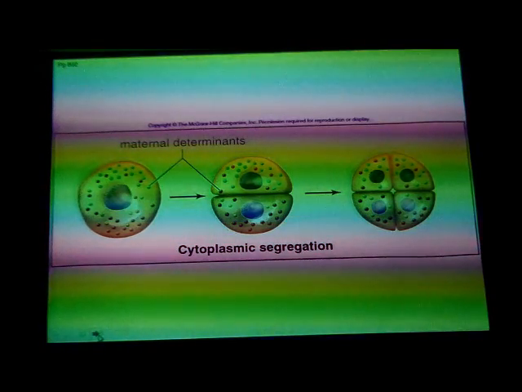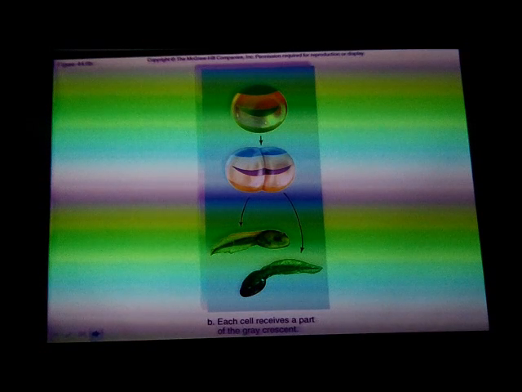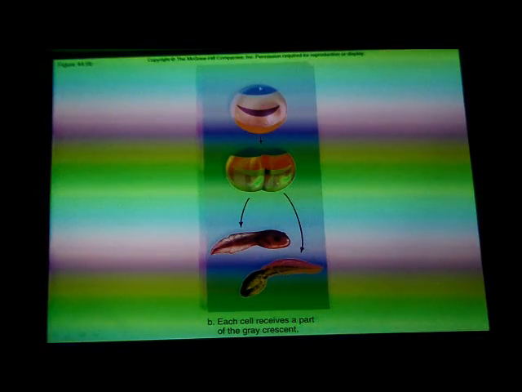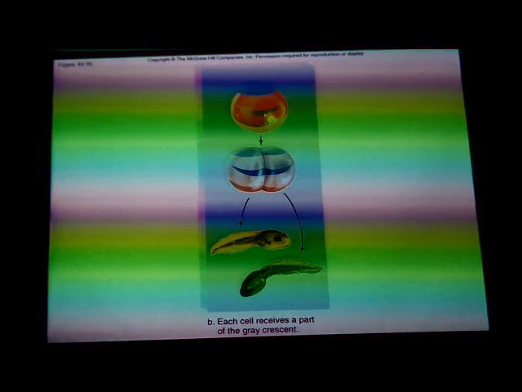And so this reading section goes on to show some experiments that were done. It talks about these determinants. Here's an interesting experiment that it shows. Here is a frog egg, and you see what we call this gray crescent, this moon-shaped gray crescent.